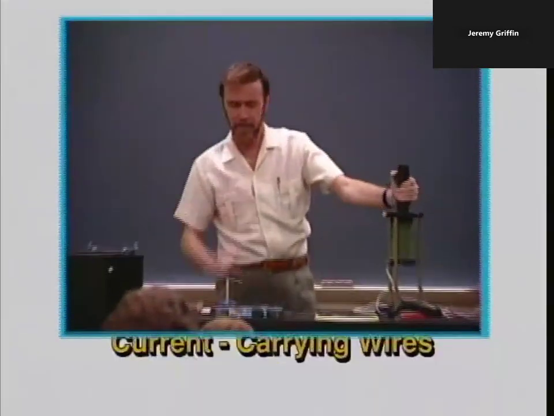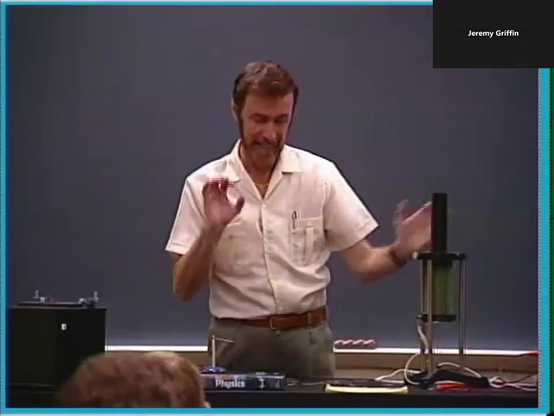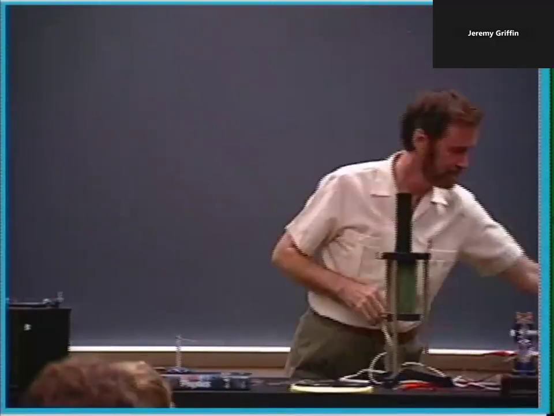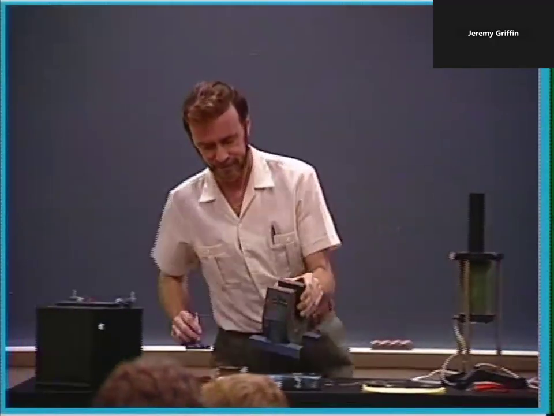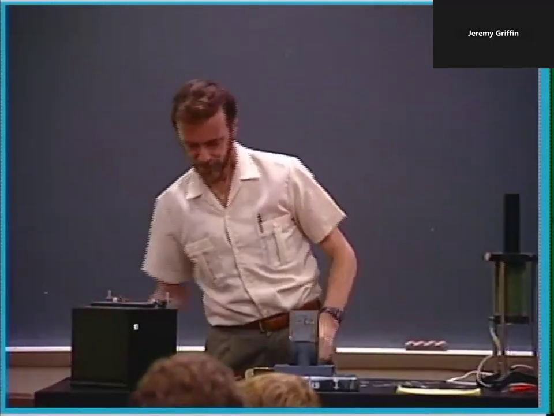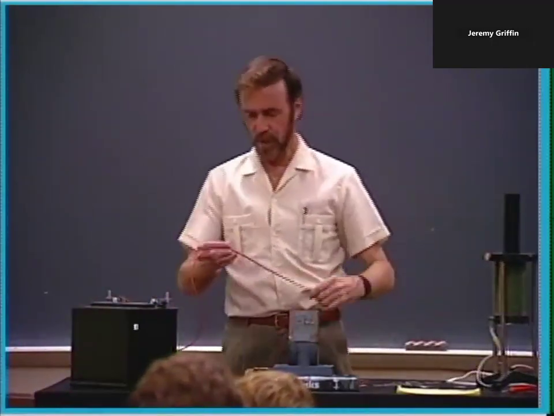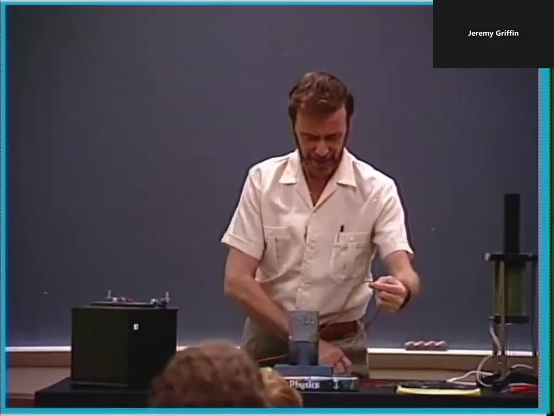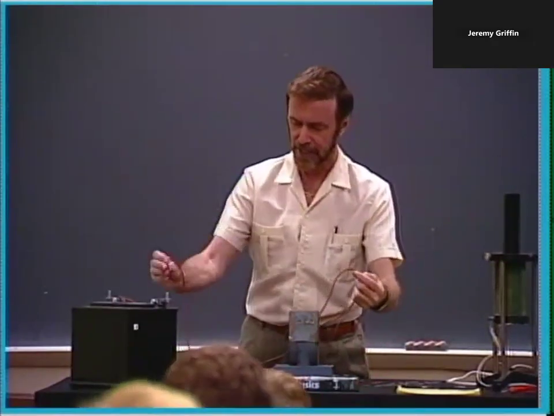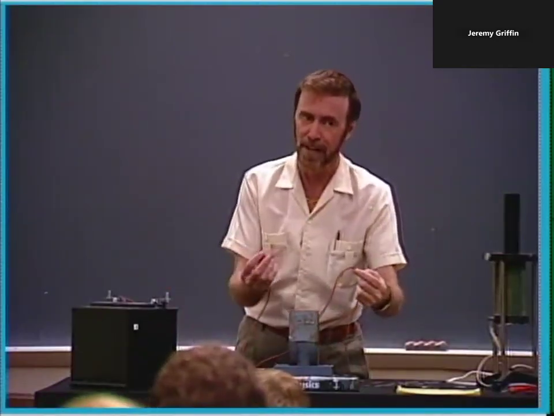I want to show you something that's even more interesting than what we've seen. Let's take this magnet. I'm going to put the wire in the magnetic field of this magnet, and I'm going to touch this momentarily so I get a pulse of current.